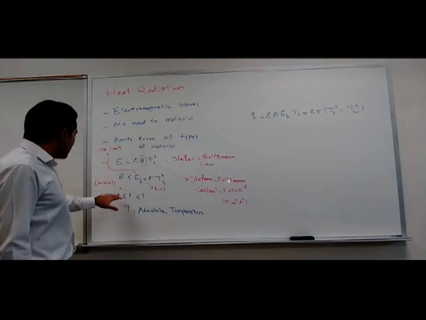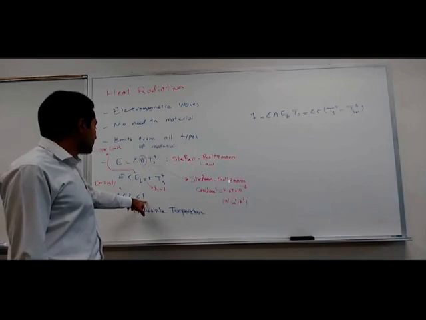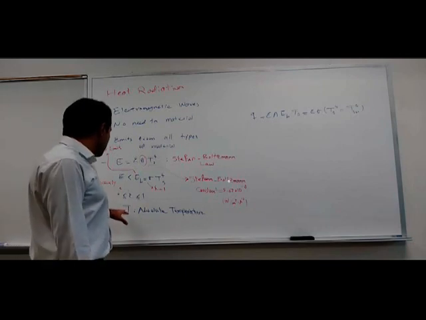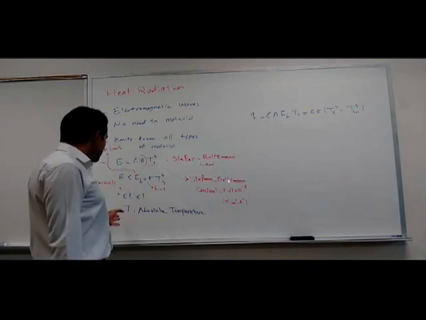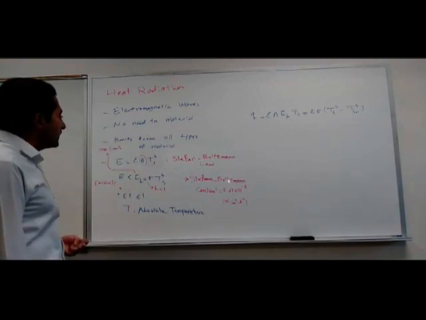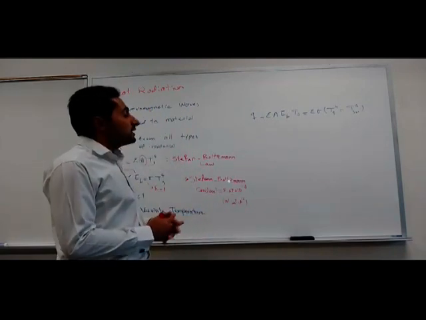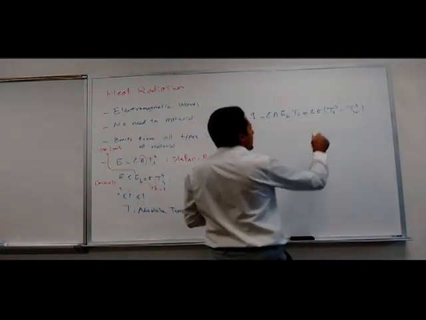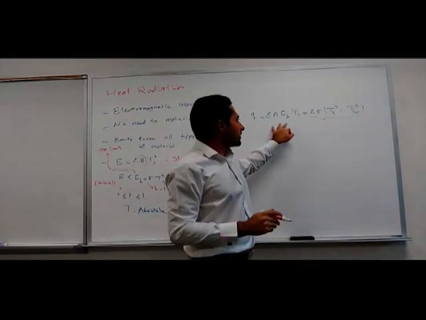Now we need to know that emissivity changes from 0 to 1, where 1 is related to a black body, and in the heat radiation scope, temperature is generally considered as absolute temperature in Kelvin. If you want to calculate the heat transfer by radiation, you need to use this equation, which is more general than the other.